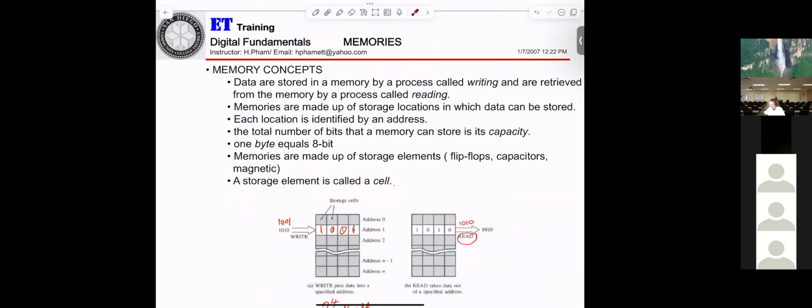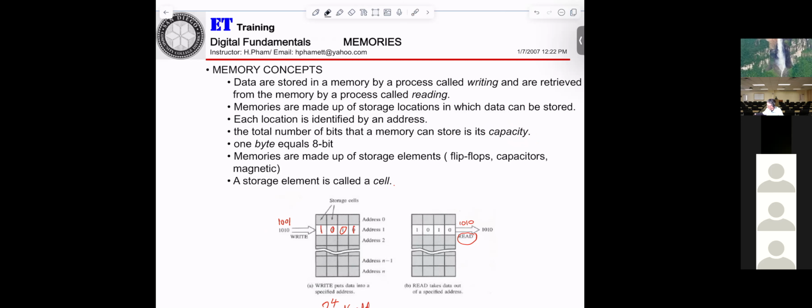Memory is made up of storage locations in which data can be stored. Each location is identified by an address. The total number of bits that a memory can store is its capacity.